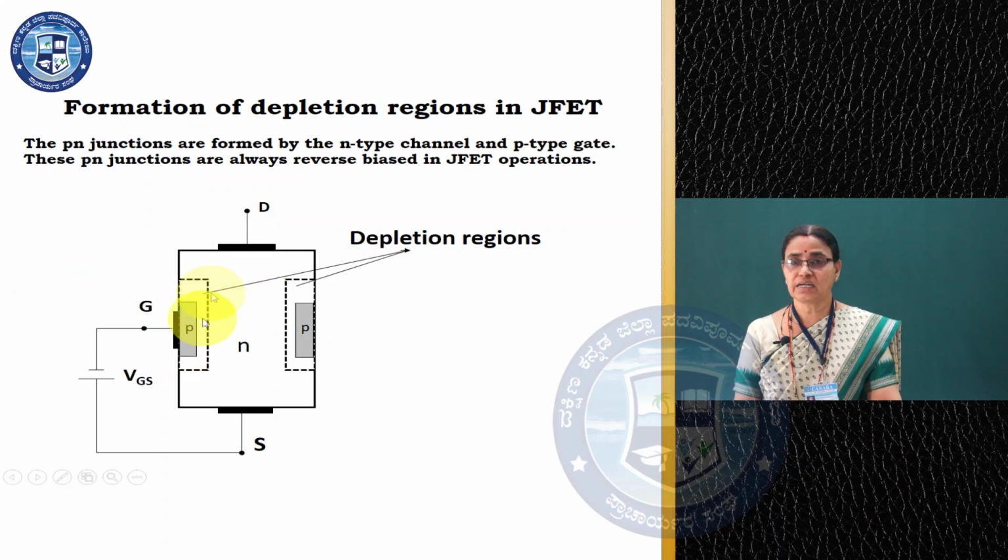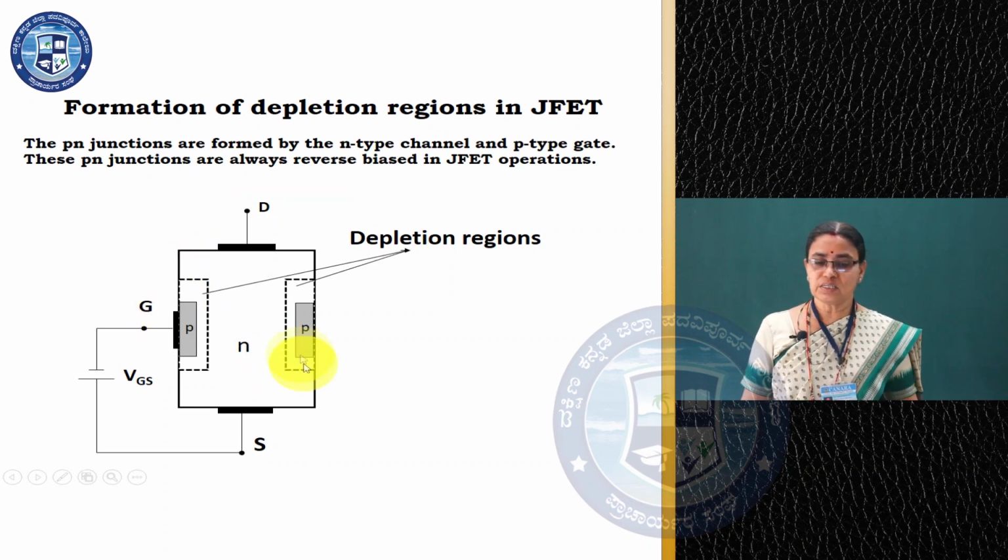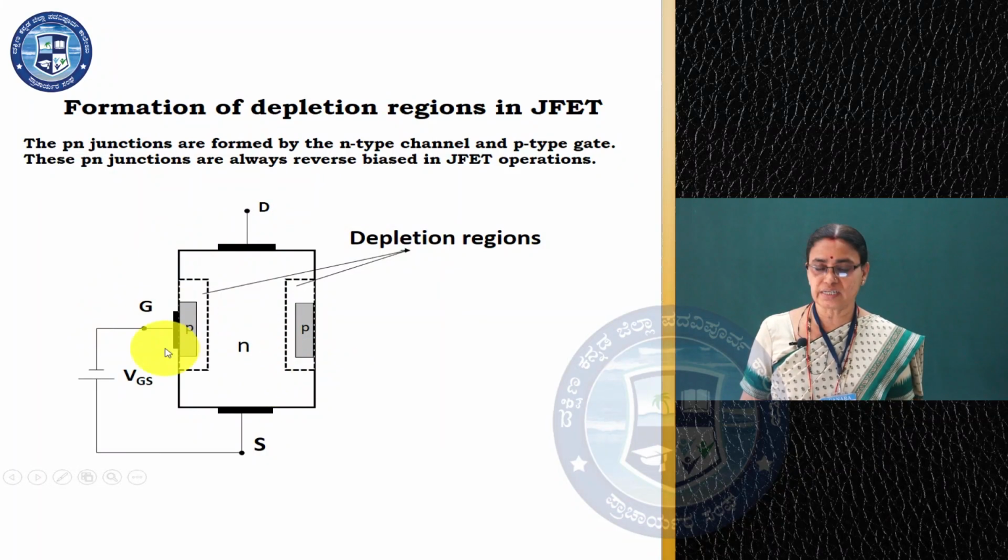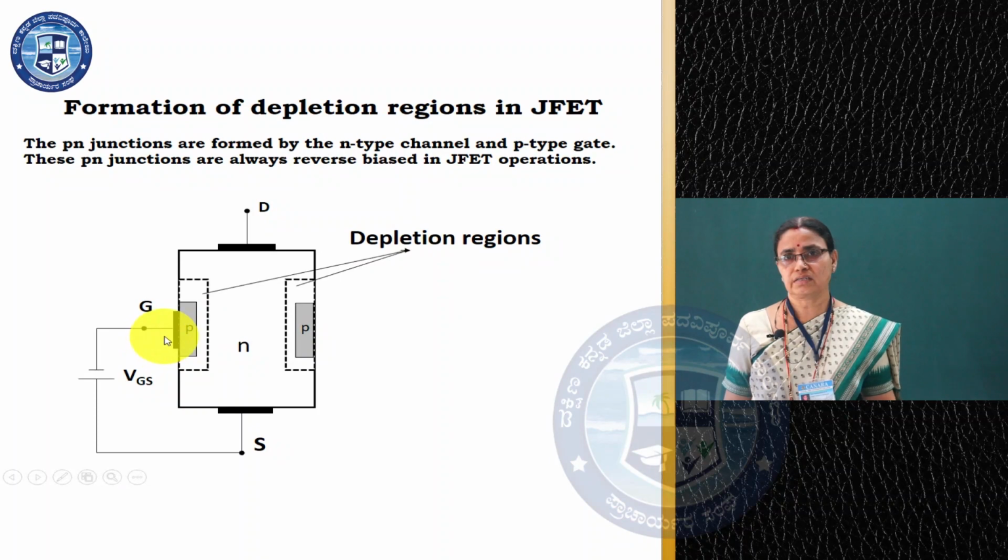So here N type is lightly doped, so the depletion region extends more towards N type material. This is the formation of depletion region. Both the sides we have to consider because both are connected to gate.